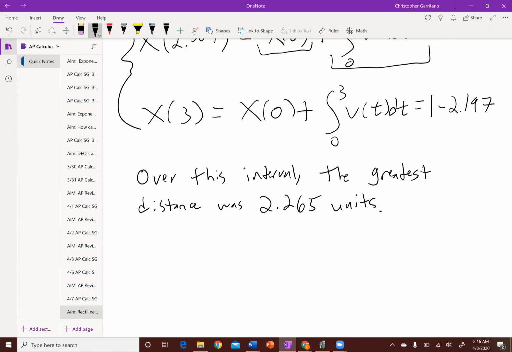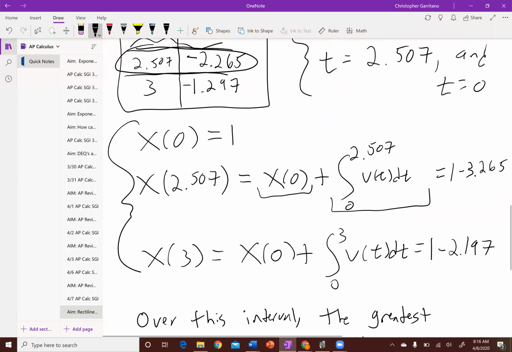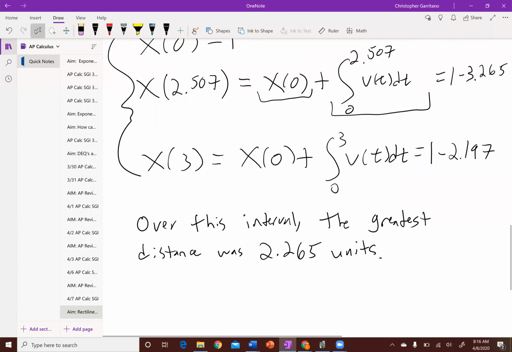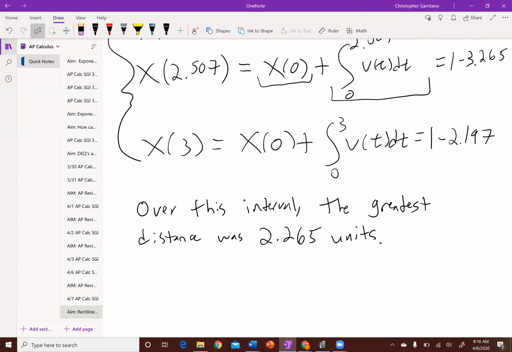They didn't tell us the units. Now, keep in mind that that negative that you see there, that just means that this particle happened to be 2.265 units to the left of the origin, but that doesn't matter. It's still a distance of 2.265 units away from the origin.